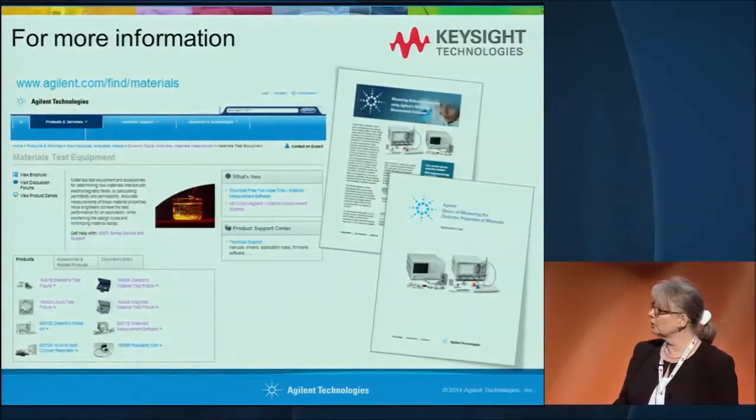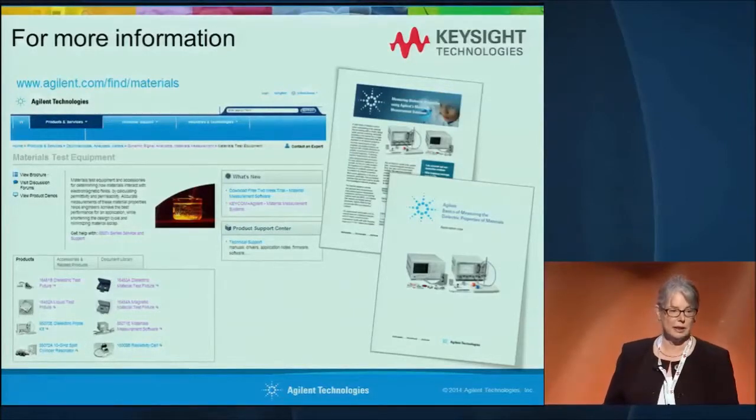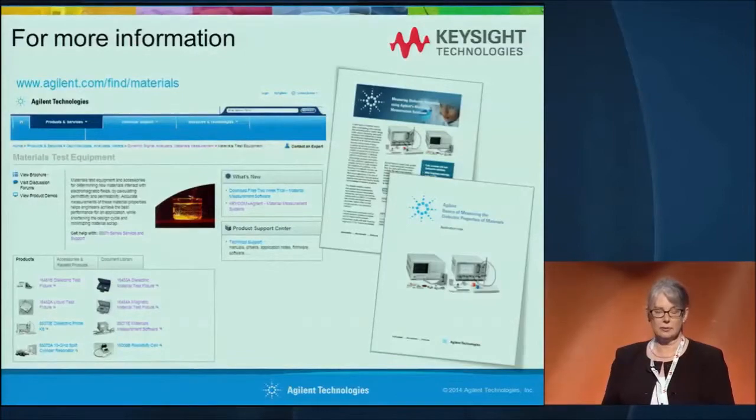We have a brochure, which is kind of a condensed version, and then we have an application note that goes into more detail about the technical aspects of the different measurement methods. Or you can come over and talk to us at the Agilent booth. We have a demo there with the resonant cavity and the coaxial probe system set up, and we'd be glad to talk to you about whatever your measurement needs are.